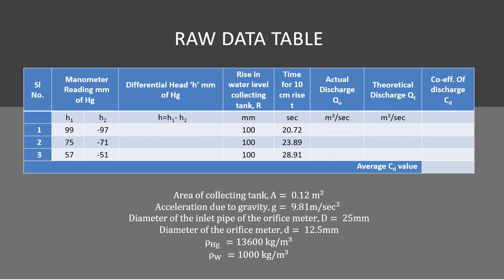Given also are the area of the collecting tank, which is 0.12 square meter, the acceleration due to gravity, which is 9.81 meter per second squared, the diameter of the inlet pipe of the orifice meter, which is 25 millimeter, the diameter of the orifice meter, which is 12.5 millimeter, the density of mercury, which is 13,600 kilogram per cubic meter, and lastly, the density of water, which is 1,000 kilogram per cubic meter.